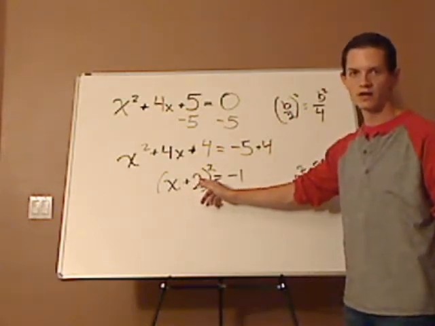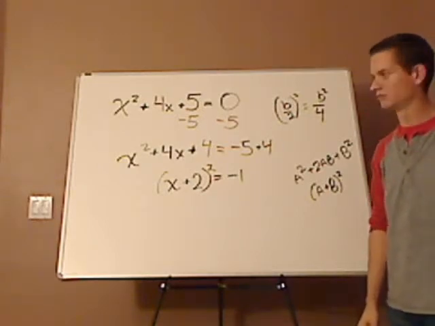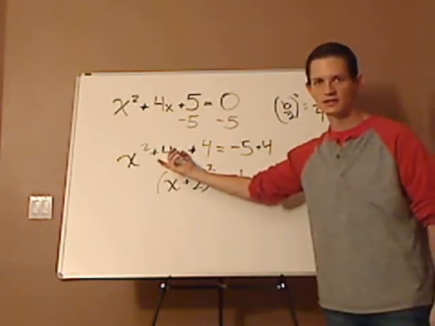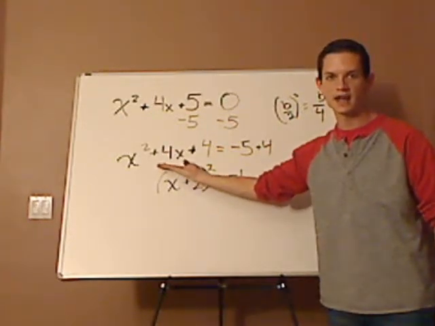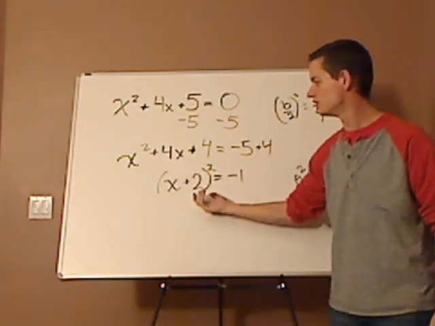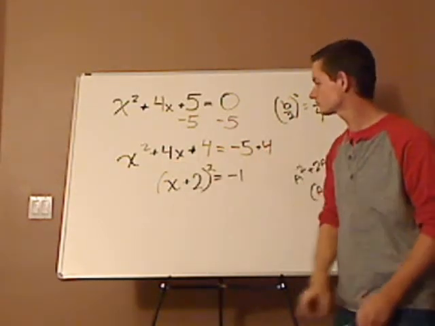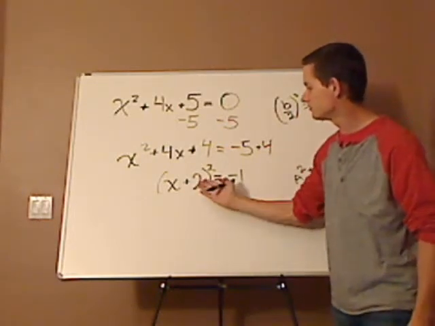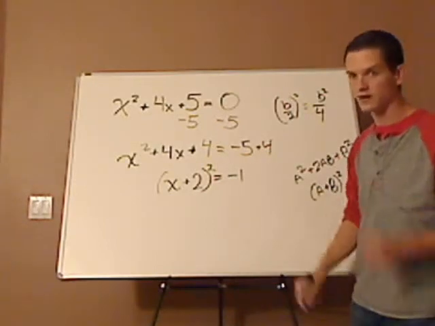This number right here, whatever it is, is always half of b. If I look at this and take half of this number, what's half of 4? 2. And it's always half of this. So I have x plus 2, in parentheses, squared, equals negative 1.